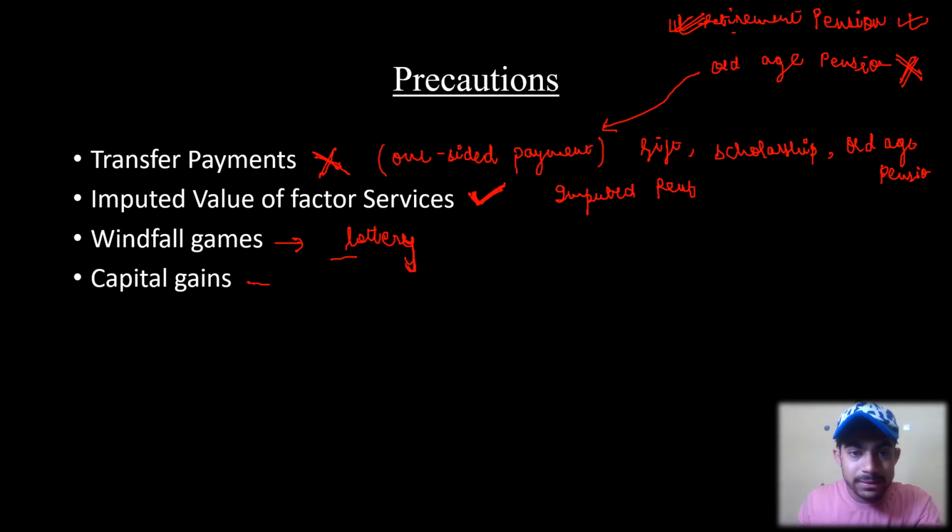And capital gains are also not included in national income. We will not include the transfer payments. We will include the imputed value of factor services. We will not include windfall gains because it's also like a transfer payment, and capital gains are also not included.